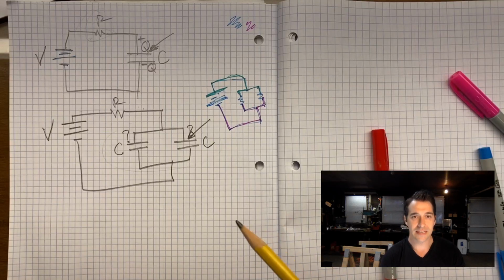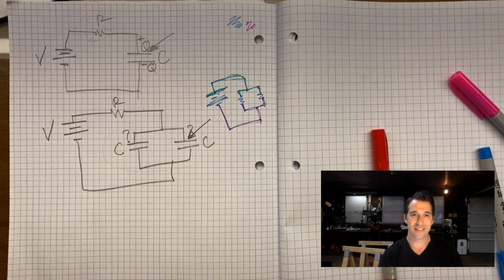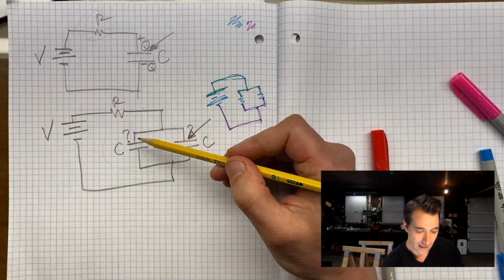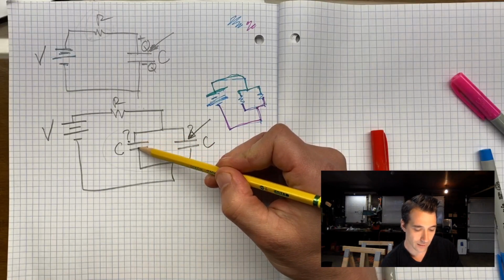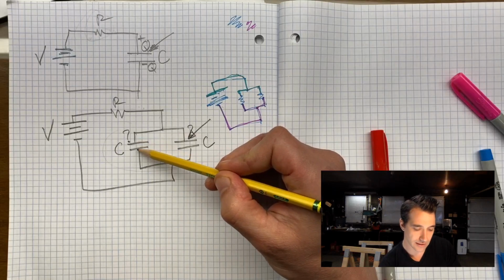But because they say we wait long enough for this to be in equilibrium, what does that mean? It means the capacitors have become fully charged, and when that happens, current stops flowing. There's a gap here, and we're not having any electrons jump across this gap.